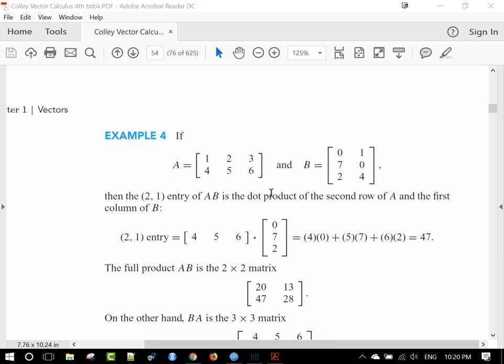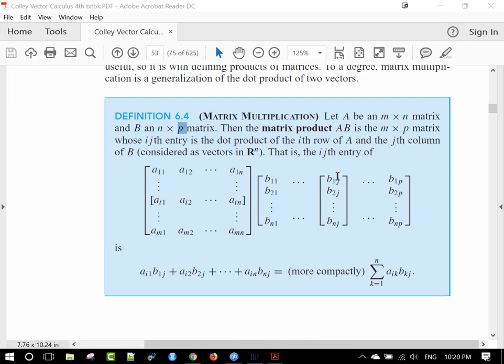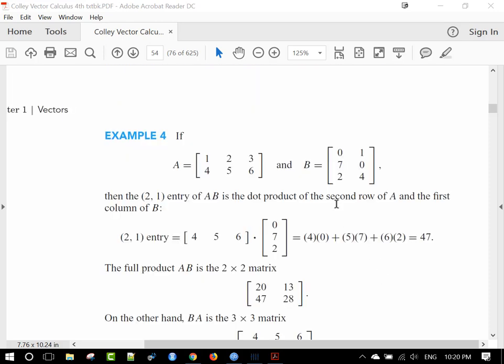Let's try an example. Here we have this matrix and this matrix, and we'll come back to this in a minute, but let's just look at an example first. First of all, how many columns are there here? There's 3. And how many rows are there here? There's 3. They have to match for this to work.